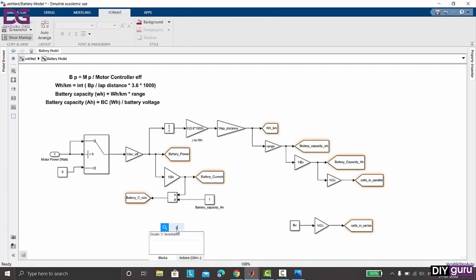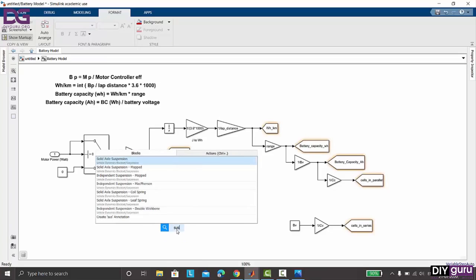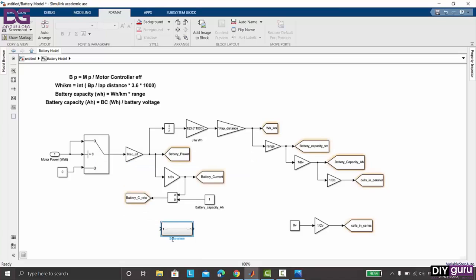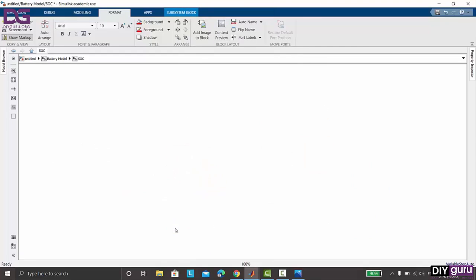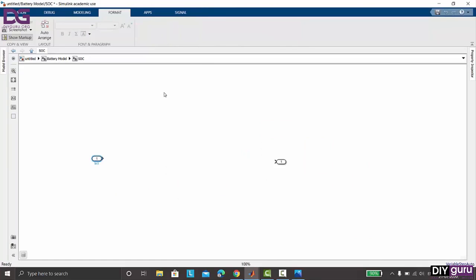Now in order to estimate the state of charge, we will insert one more subsystem block and name it as SOC. Just open it.